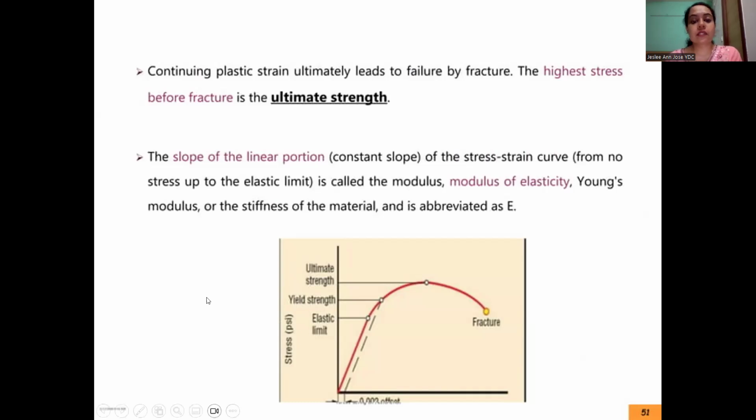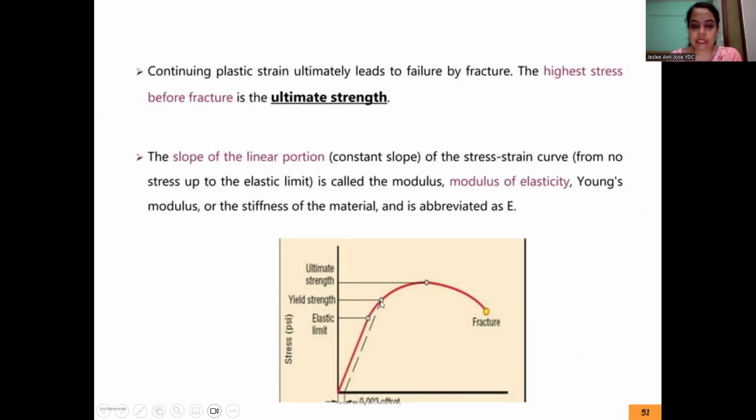Now coming to this diagram, this is a stress strain curve. So here the slope of the linear portion denotes the modulus of elasticity or the stiffness of the material. So it is abbreviated by E, and this is the modulus of elasticity. So this is the elastic limit.